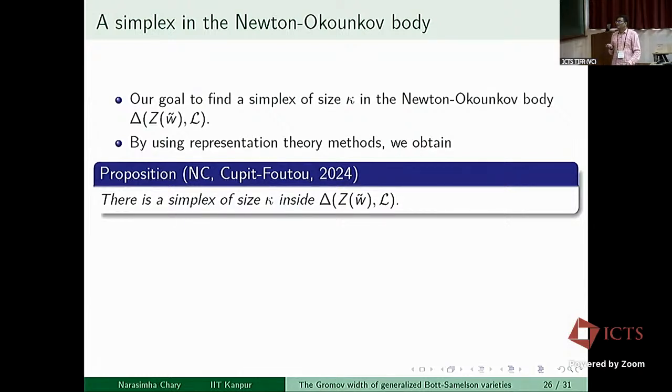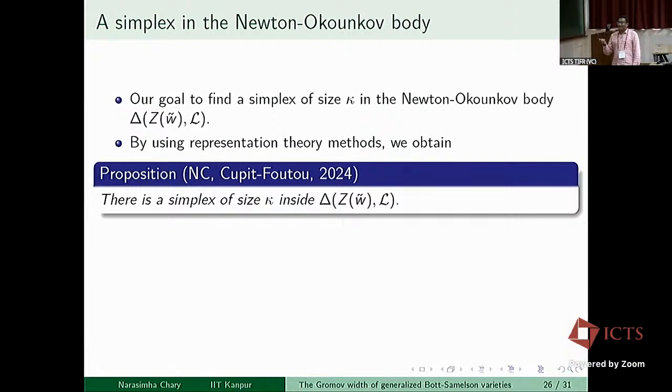But here our idea is representation theory ideas. If you look at the Newton-Okounkov bodies, they come from the global sections of line bundles, which means these are actually Demazure modules in some sense.